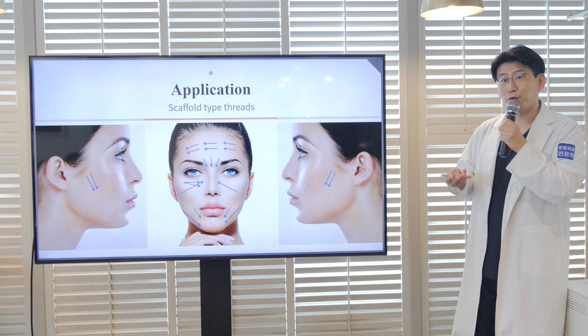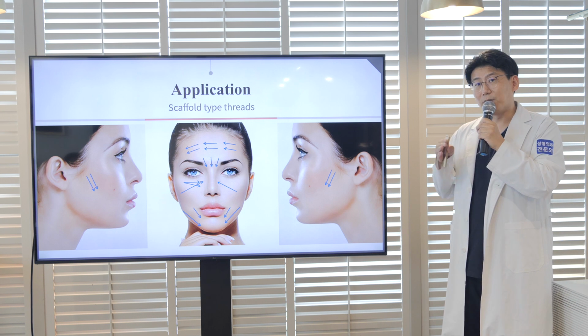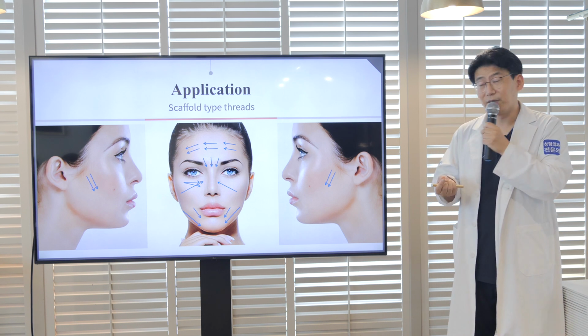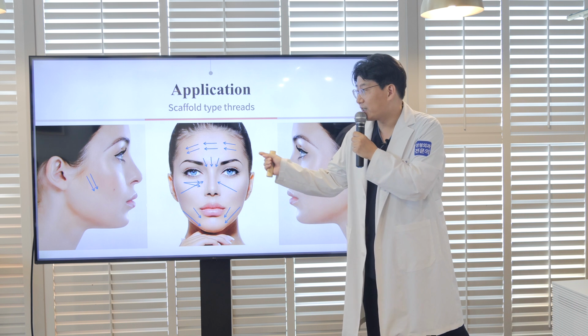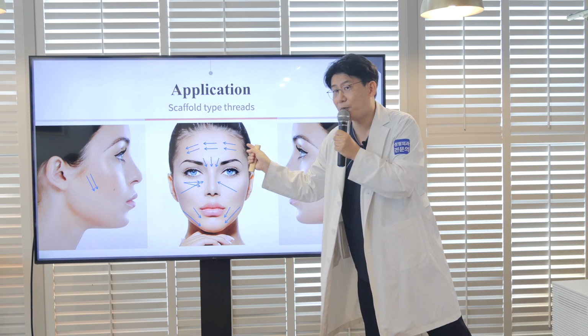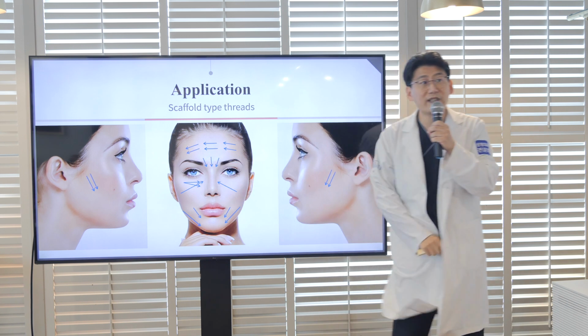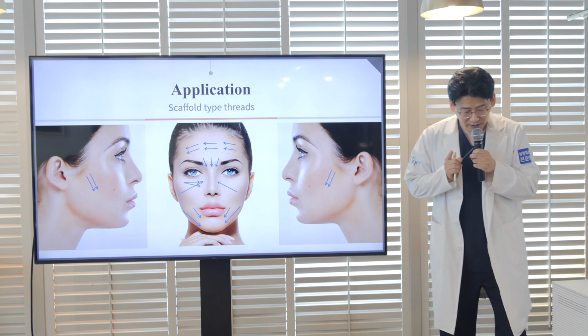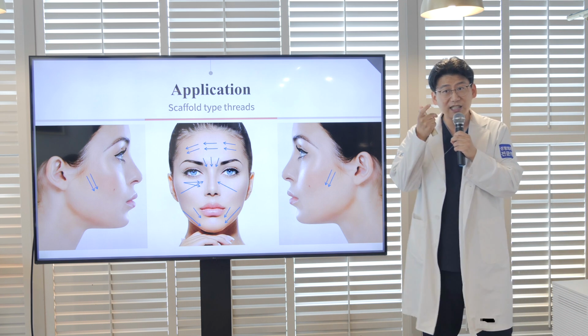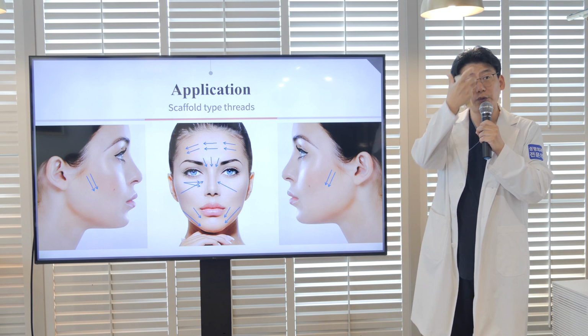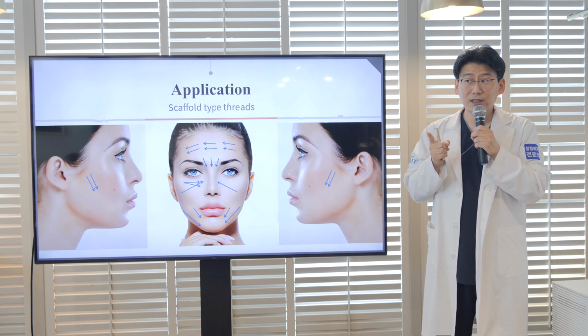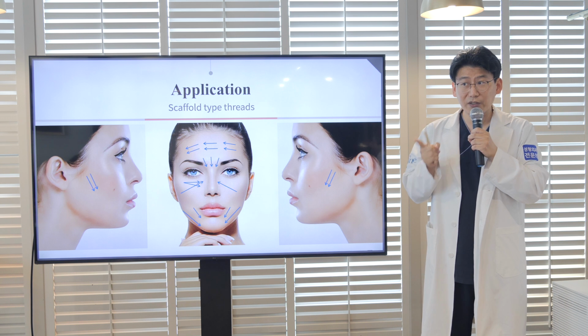It can be used to correct wrinkles mainly. I can apply the thread to the wrinkles of the forehead and frown line. What is important is that we can inject filler for the frown line, but there is the supratrochlear artery.